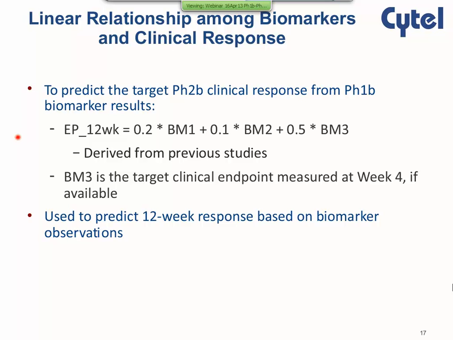We had that question in our mind, and we did some simulations that increased the degree of correlation of the biomarker to the clinical response. And in this case, even if we had a biomarker that was highly correlated to the clinical response, it didn't materially improve the probability of getting the phase 3 dose right.